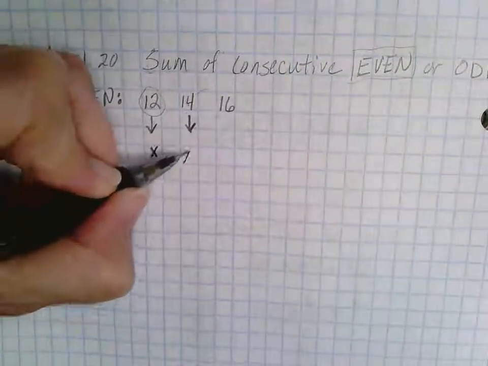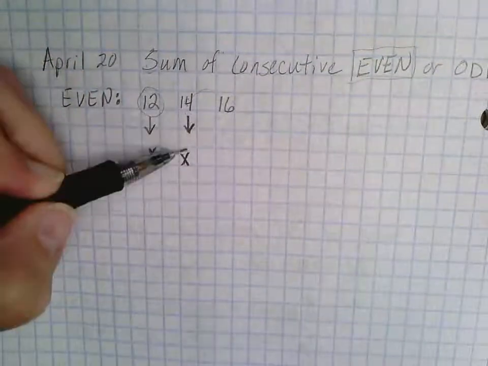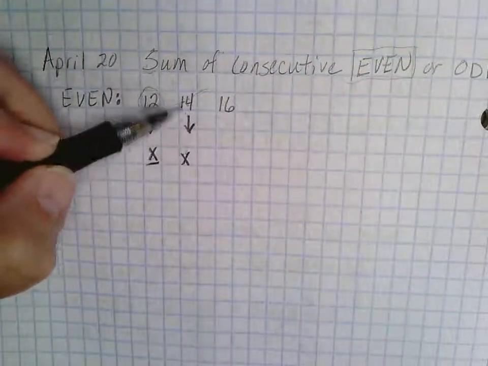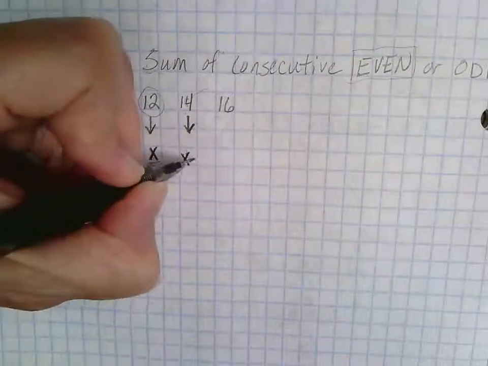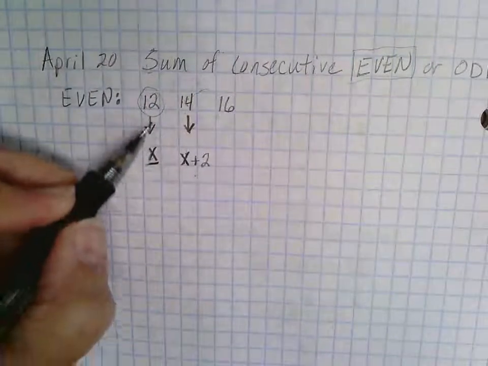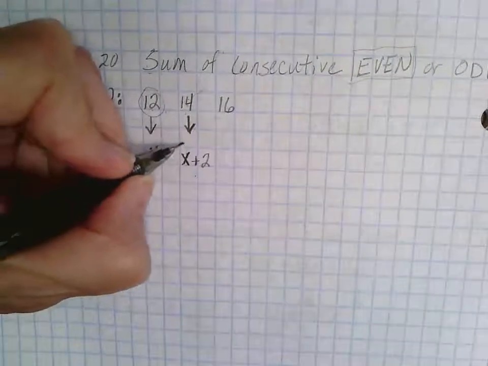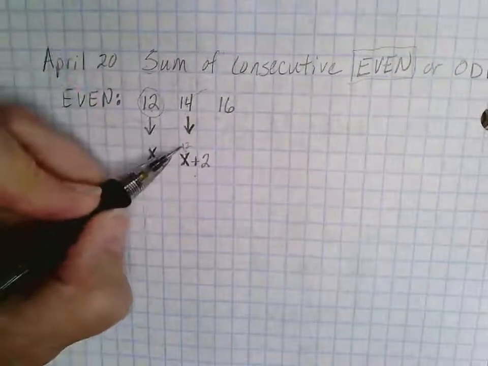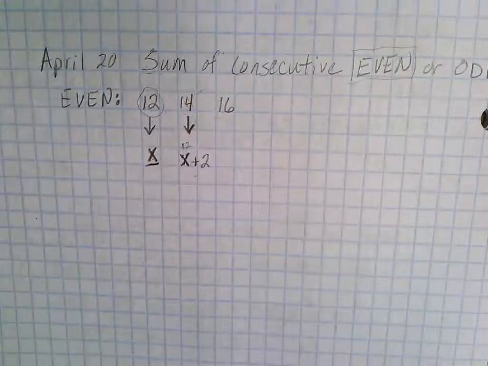Well, if x is 12, 14 is not 12, but I can represent 14 by saying x plus 2. Because if x is 12, and I substitute 12 in for my x, 12 plus 2 does give me 14.